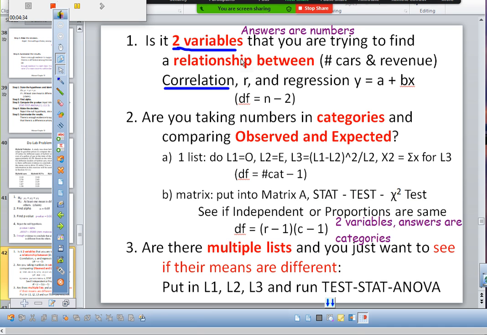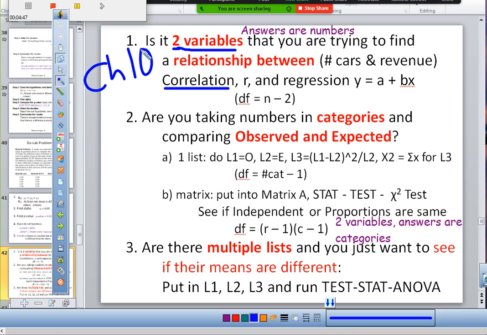So here you have 2 variables and the answers are numbers, and trying to find a relationship between them. So that would be, this is your chapter 10 stuff. And like cars and revenue, number of cars and revenues. If you have numbers of cars as your variable, your answers are not going to be Chrysler, Plymouth, Toyota, right?